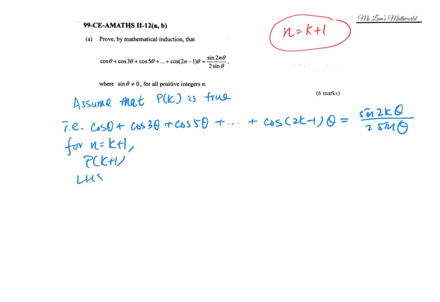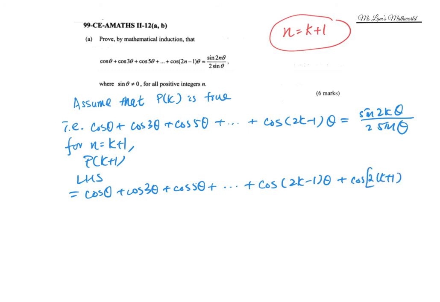So the left hand side will keep equal to cosine theta plus cosine 3 theta plus cosine 5 theta and so on. This is the part of the statement for n is equal to k, and then for the new one, you will have cosine of 2 times (k plus 1) minus 1 theta.